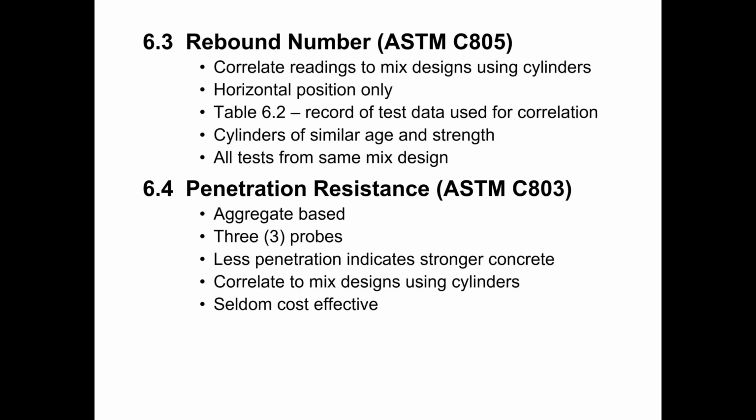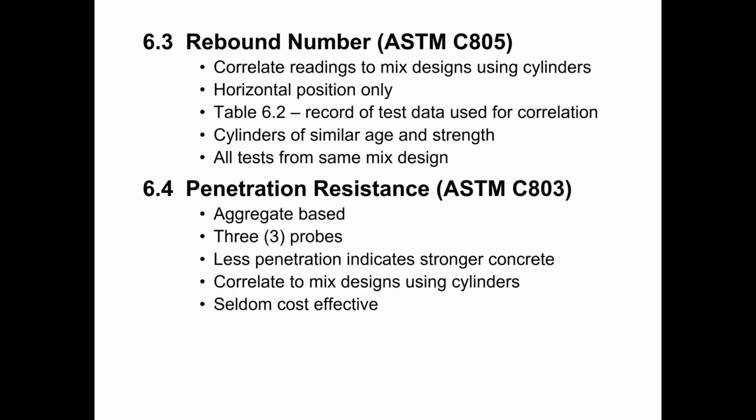The way this test works is that we're going to shoot a steel pin into the concrete, and based on how deeply the pin penetrates the concrete, we're going to estimate the concrete strength. So the more deeply the pin penetrates the concrete, the lower the concrete strength.